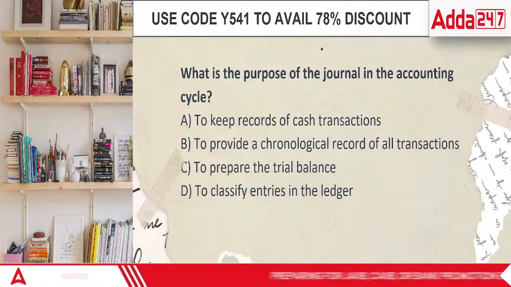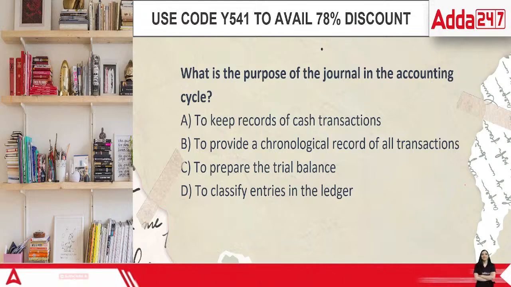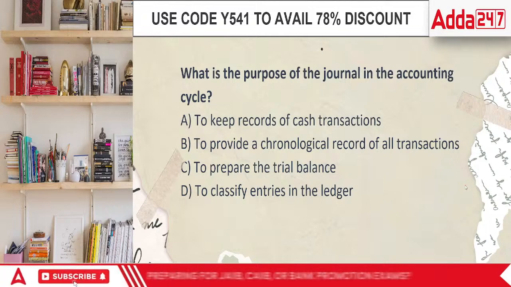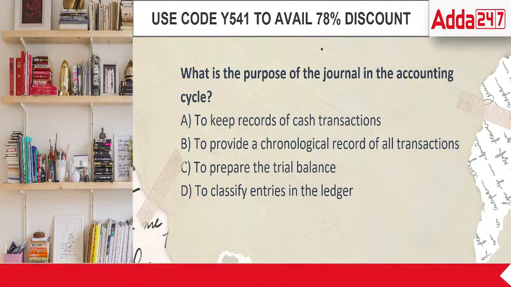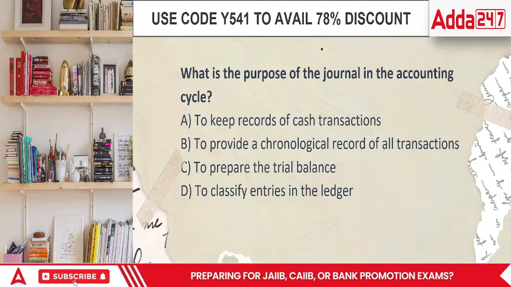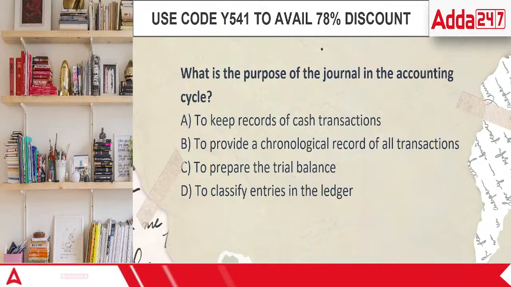So here comes the next question, and here comes the marking of journal. Journal means recording each and every transaction individually. Now, what exactly is journal, everyone? Journal is something which records both the aspects of a particular accounting transaction in detail.